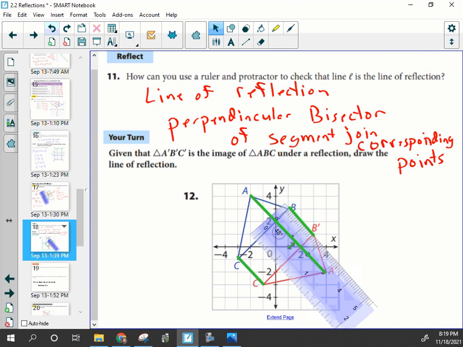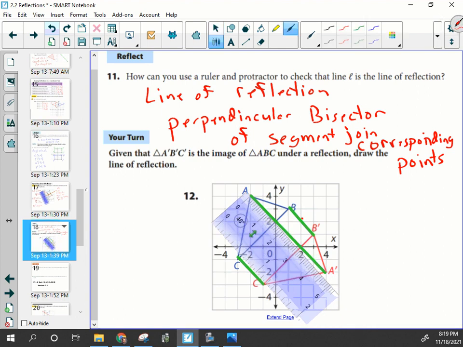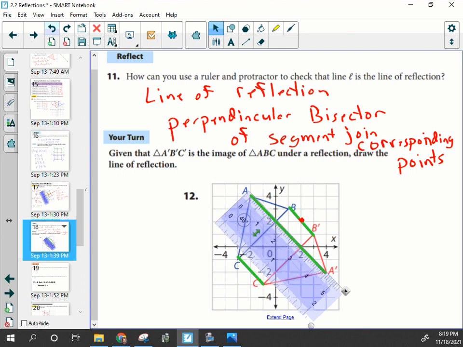B to B prime, starting there, it's about 1.5. So half would be about 0.75. So it's about right there. Measure A to A prime. I get about 4.5.